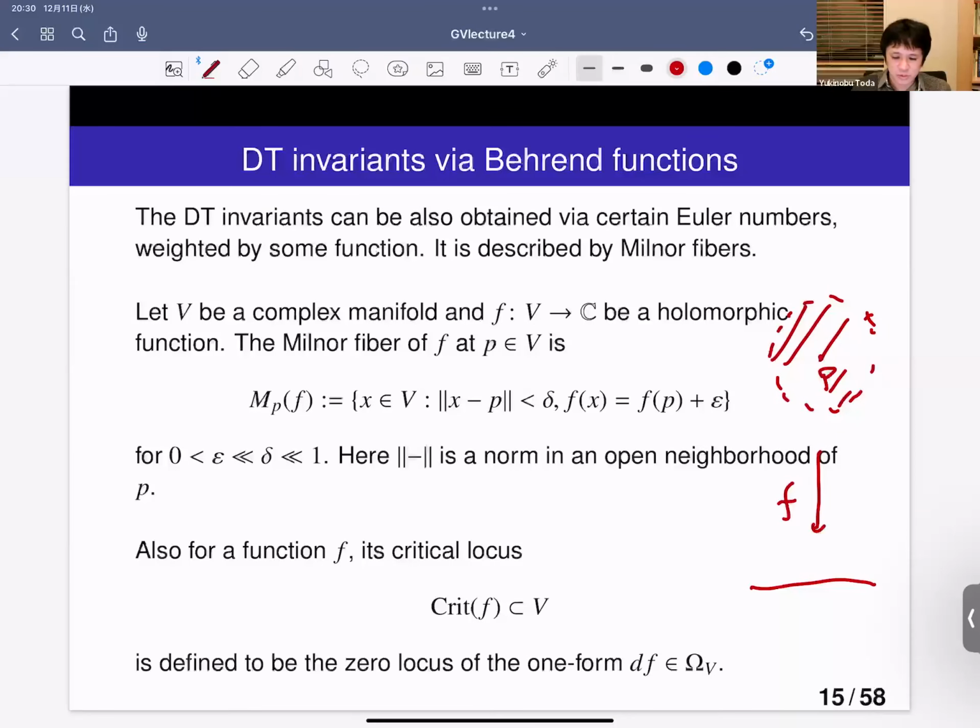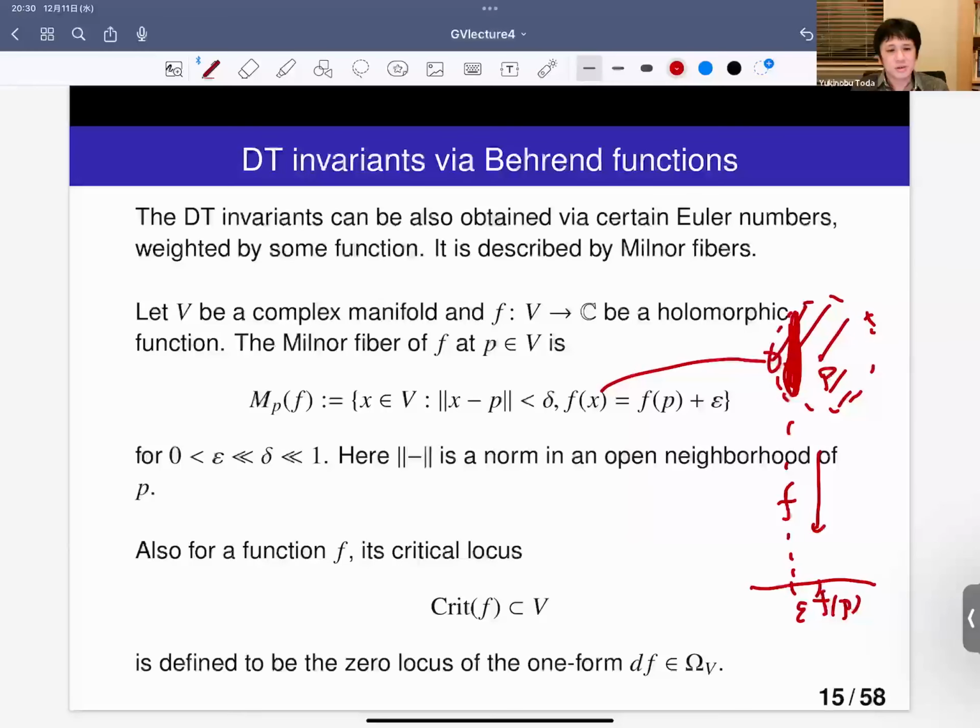And I take some sort of nearby fiber of this one, something like this. This is F_P, and I fix some norm in the neighborhood of this P.